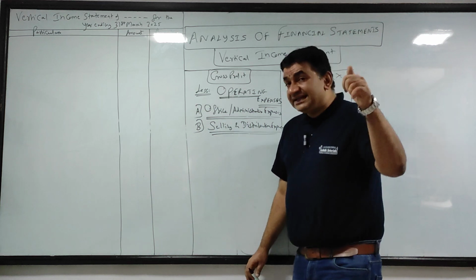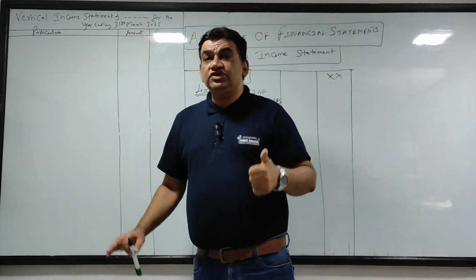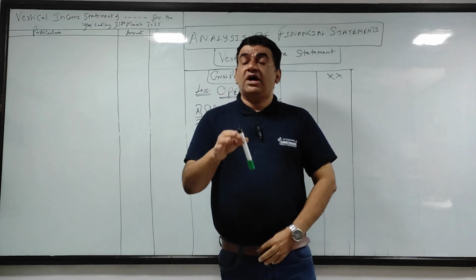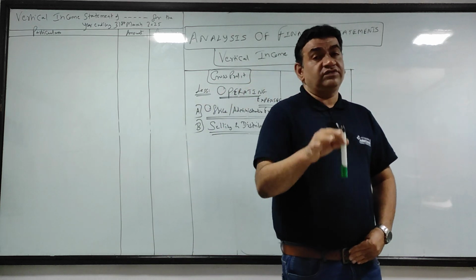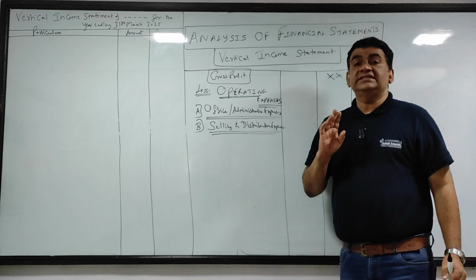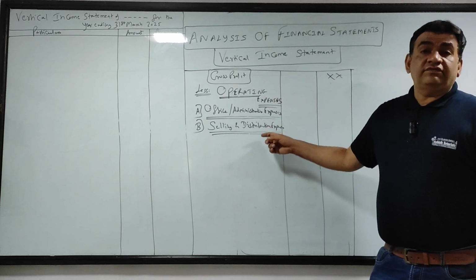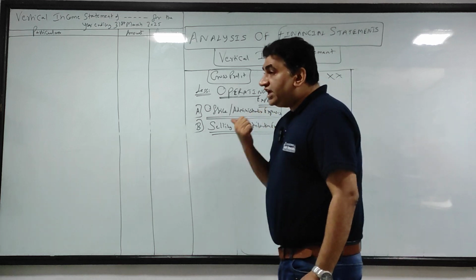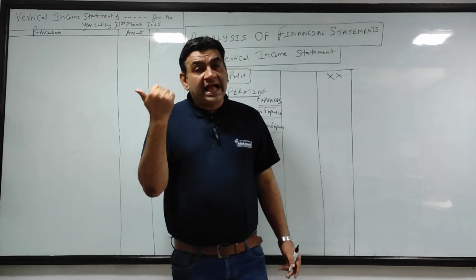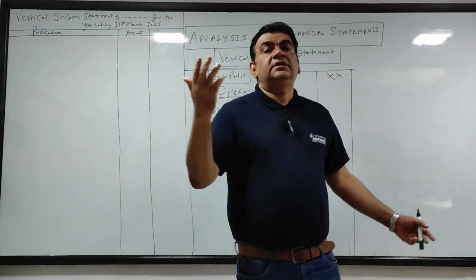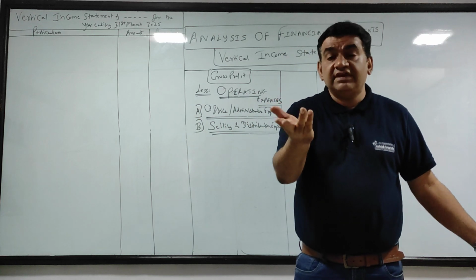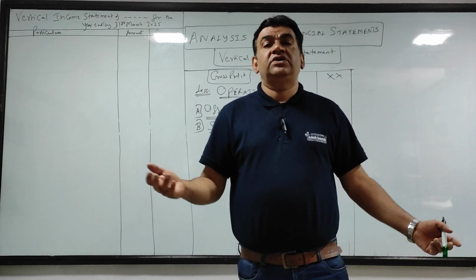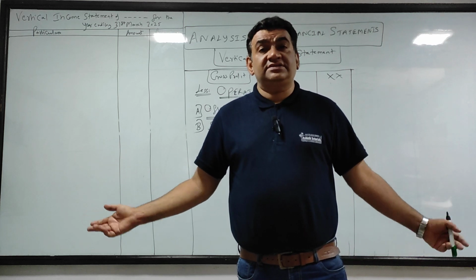Example, carriage inward we pay on purchase of goods, direct expense. Carriage outward we pay on sale of goods. So carriage outward is an indirect expense, therefore selling and distribution expenses. Sales promotion, advertisement, giving away free samples, discount, bad debts, all are selling expenses.